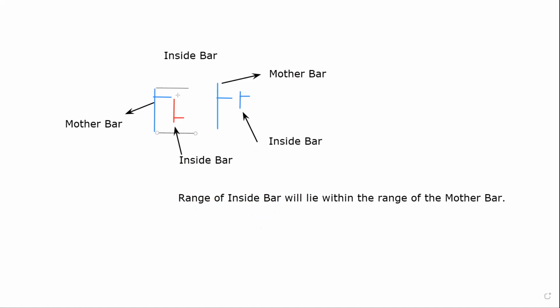The range of this inside bar is covered within the range of the mother bar. That's why it's known as an inside bar. This is the range of the mother bar, and the range of the inside bar is covered within it.